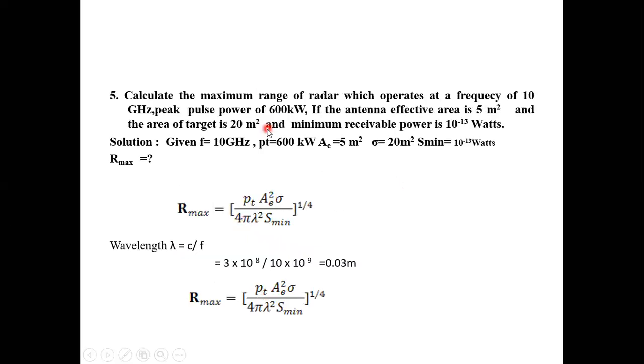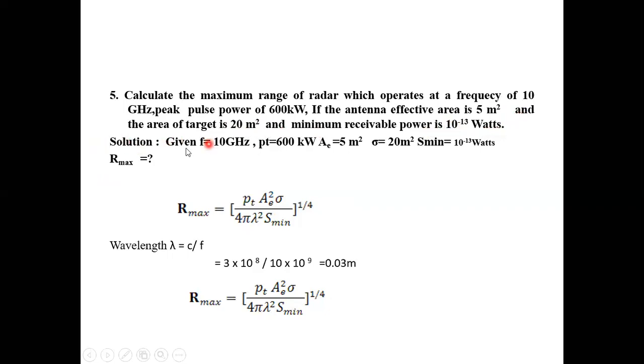So next, one more problem. In this problem, once again, we have to calculate the maximum range of a radar which operates at a frequency of 10 gigahertz and peak pulse power of 600 kilowatt. The antenna effective area is 5 meters square, the area of the target is 20 meters square, and the minimum receivable power is 10 to the power of minus 13 watts.